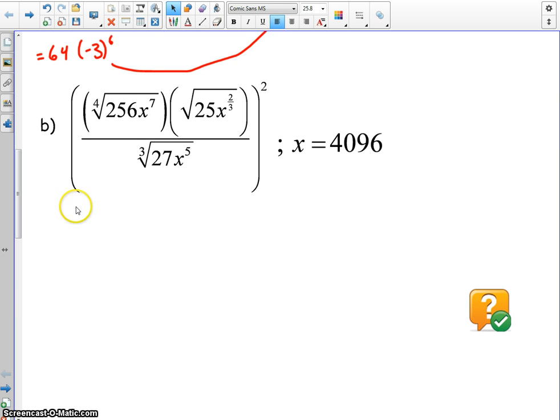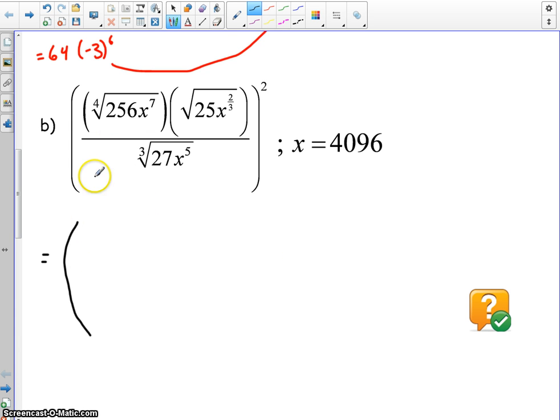Okay, so what I'm going to do first is just try to rewrite things. Instead of in radical form, I'm going to put them in exponent form. So I'm going to leave the exponent 2 alone for now. I'm just going to simplify what's inside here. So what I have right inside, I have 256 x to the 7th, 4th root of all of that.